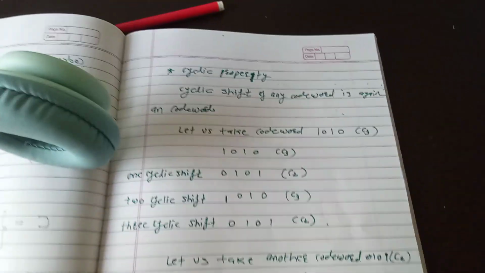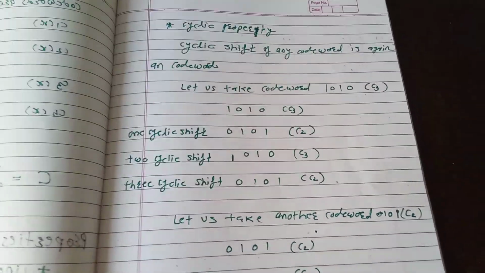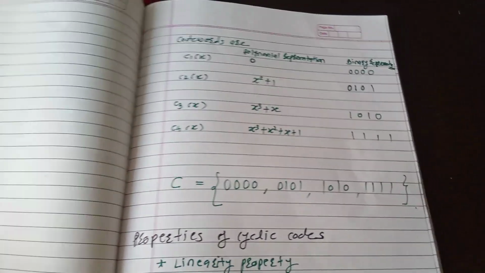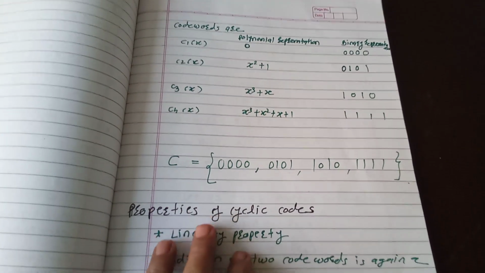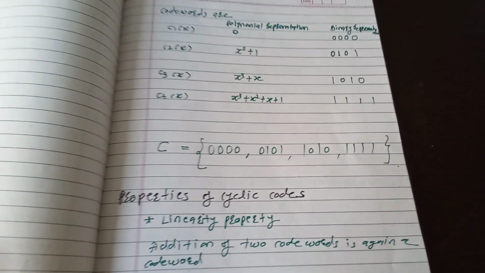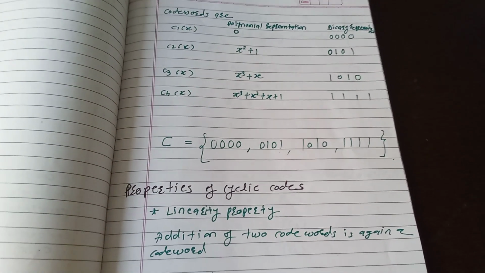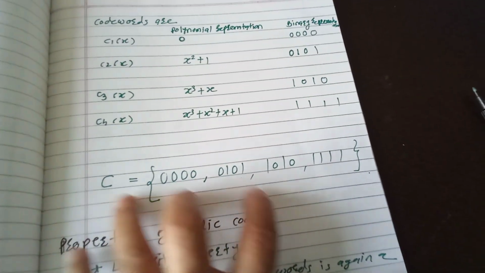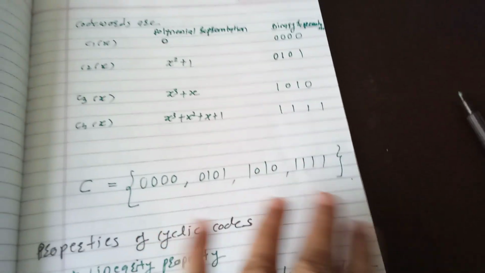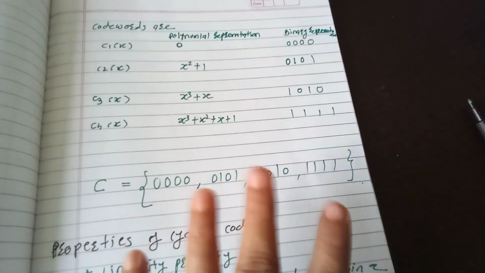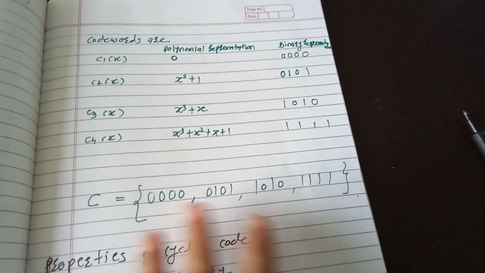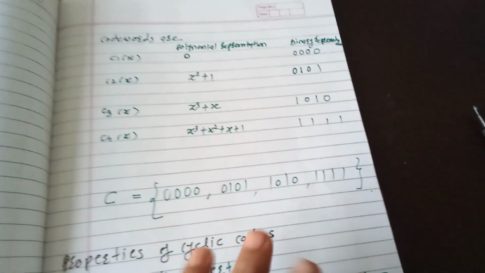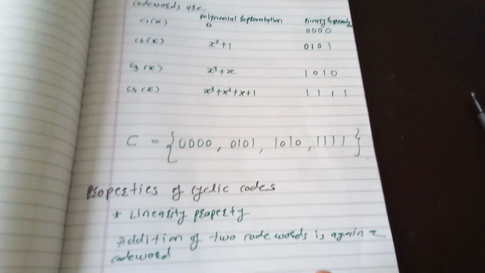Many times when I was teaching, I also got confused with the statement that the addition of 2 code words is again a code word. I was not getting what that means. That means the code is nothing but a set of code words, and if you do the addition of 2 code words, you will get the result from that set only. That is the meaning of that sentence.